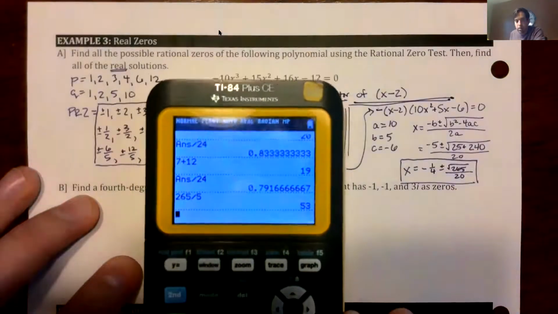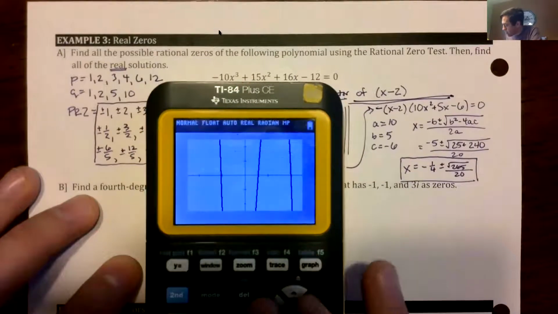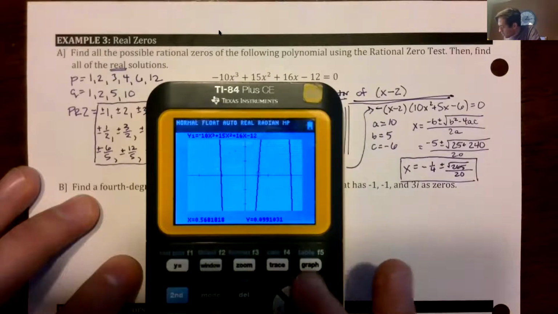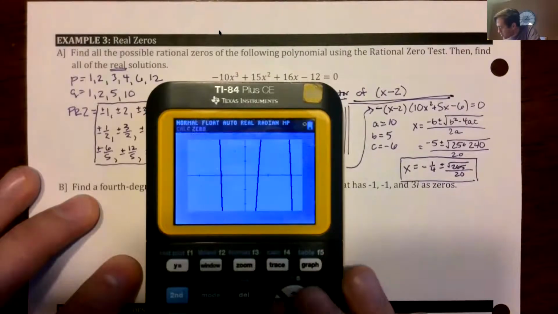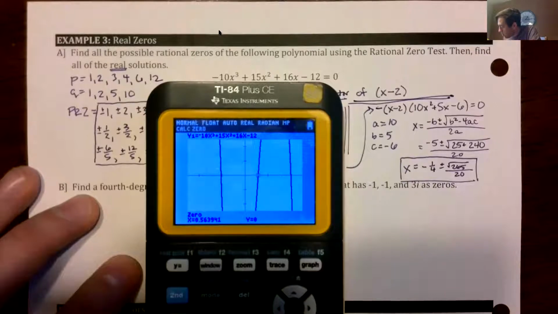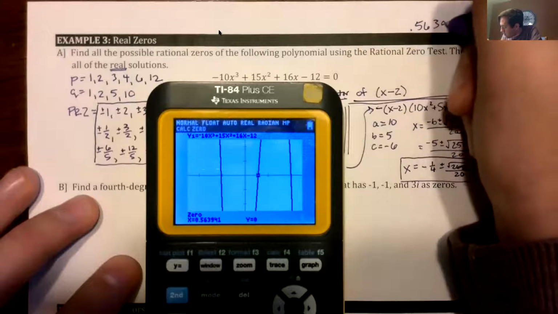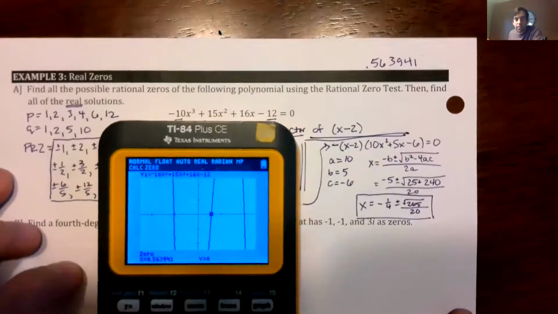If we go back to our graph, let's see, what were the zeros? Let's just try the positive one. We had one at 0.563941. I'm going to write that up at the top.